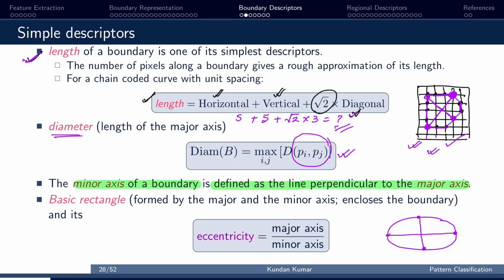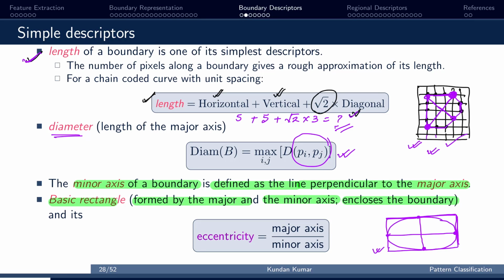Okay, we can define a basic rectangle, and that basic rectangle, formed by the major and minor axis, encloses the boundary. So if you see this ellipse, then the minor axis and major axis will enclose this boundary in a basic rectangle.